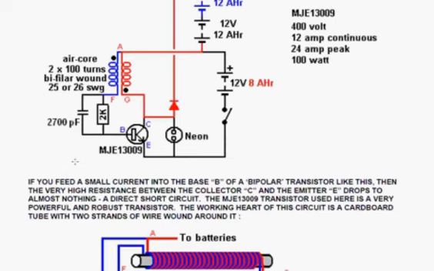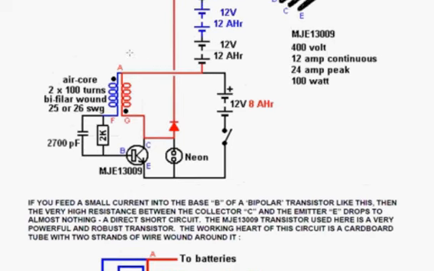Personally, I would recommend a UF5408, which is 1,000 volts, 3 amps, and very fast acting. But I imagine that Alex just used 1N4007, which only costs 3p. A diode of 3p is not a problem.